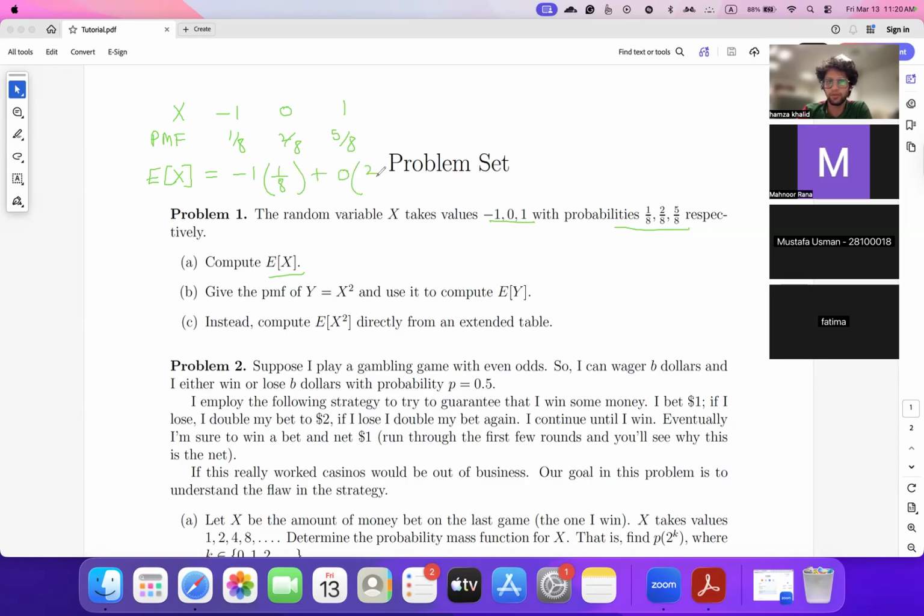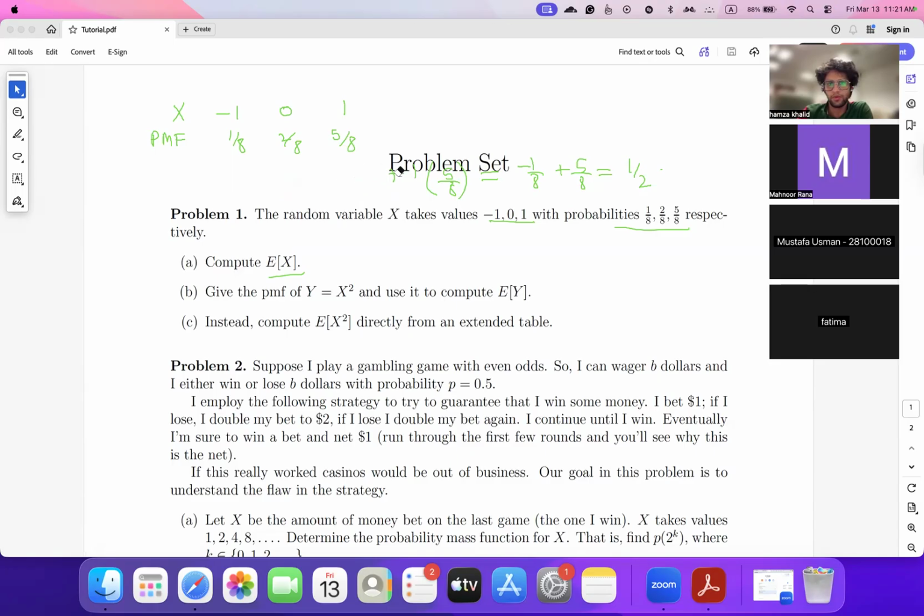So you have minus 1 by 8, this is 0, you get 5 by 8, and that's just 1 by 2, right?